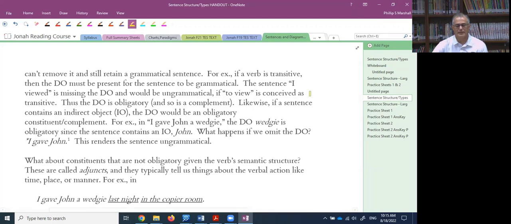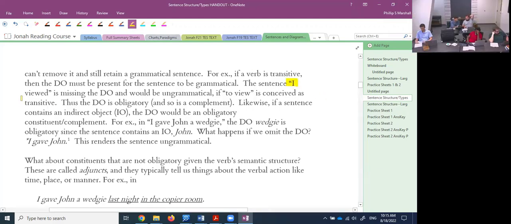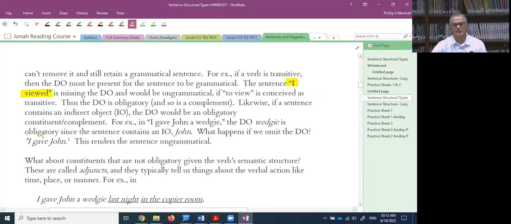Look at the sentence here. I give you, I viewed. If I just looked at you and said, I viewed, what would you think? Something's missing, right? Not complete. That sentence doesn't sound grammatical. It sounds funny. And it's because viewed is conceived of as a transitive verb, and transitive verbs require a direct object.